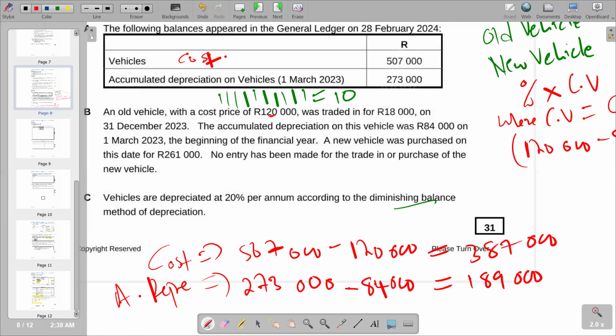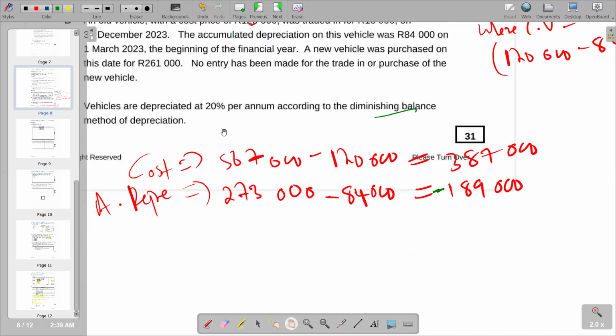So we are going to just subtract there so that we get the carrying value of the vehicles that were there for 12 months. So we calculate it here. Basically, we're saying 387,000 minus 189,000.